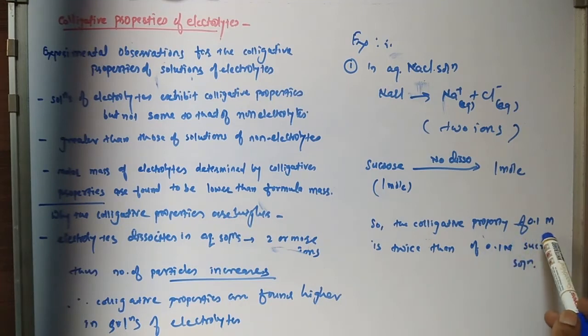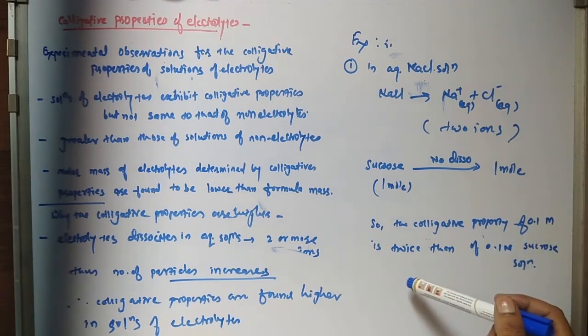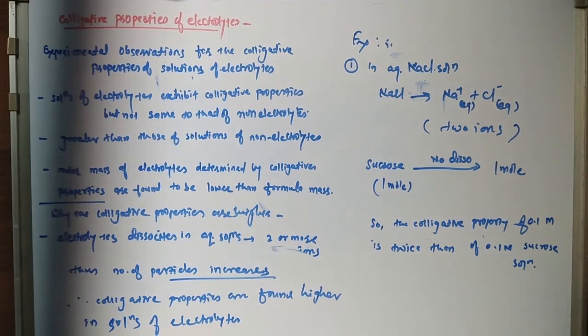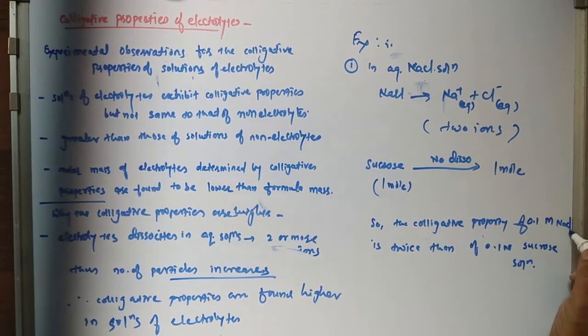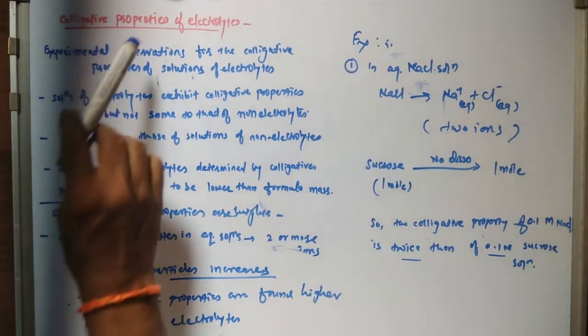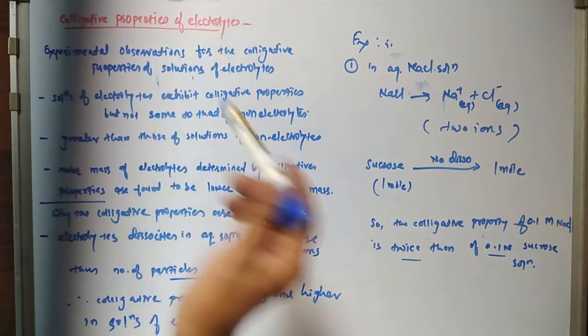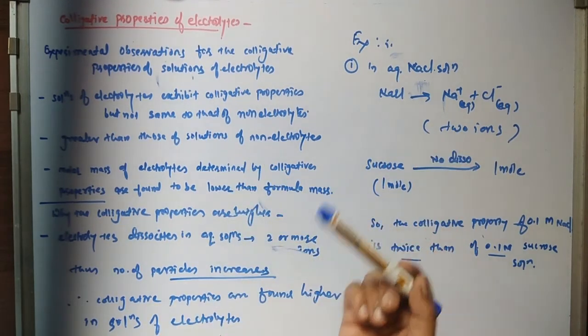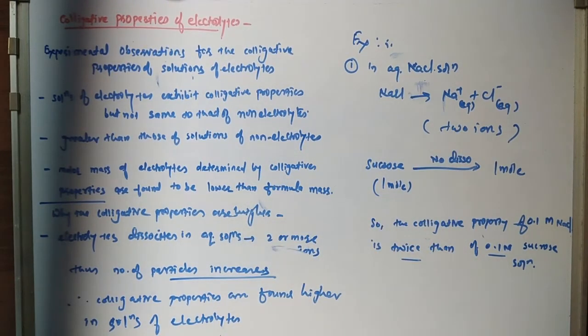So the colligative property of a 0.1 molar solution of NaCl is twice that of a 0.1 molar sucrose solution. This is why the colligative properties of electrolytes are different from those of non-electrolytes.